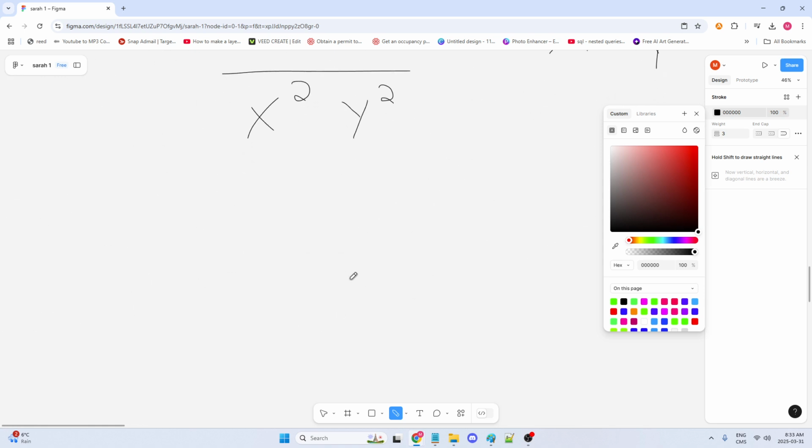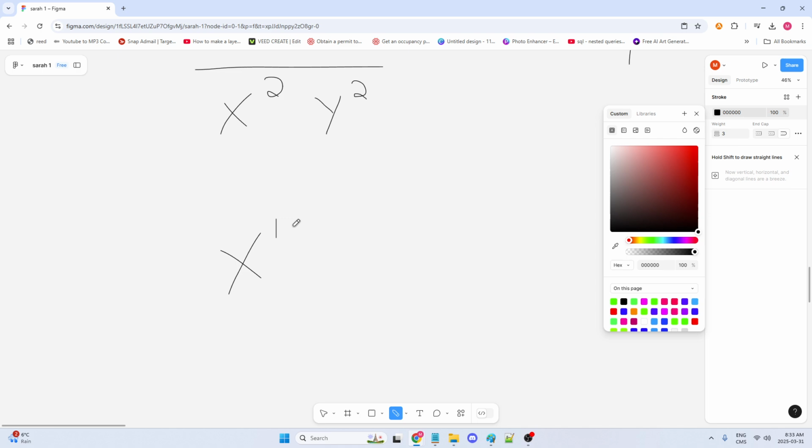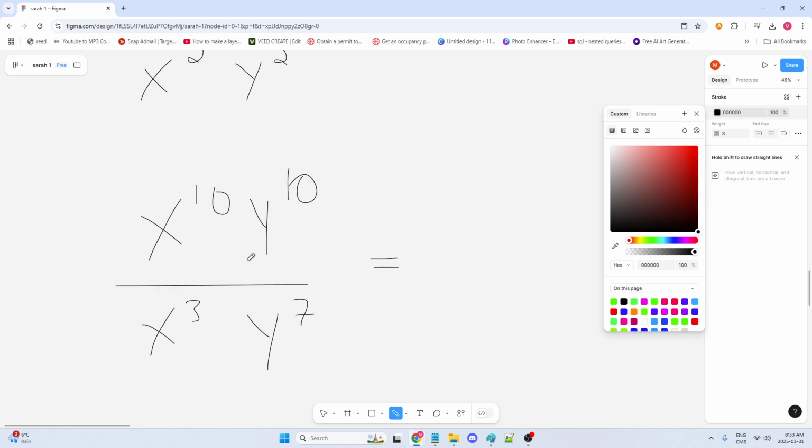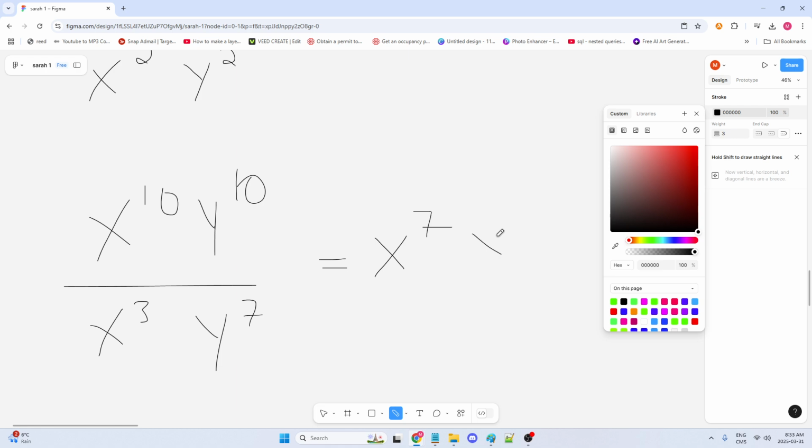Let's try another one. x to the 10, y to the 10, and here you have x to the 3, and here y to the 7. Perfect. So how to solve this is 10 minus 3, 7, 10 minus 7 is 3. Perfect.